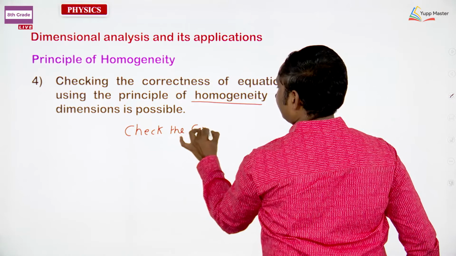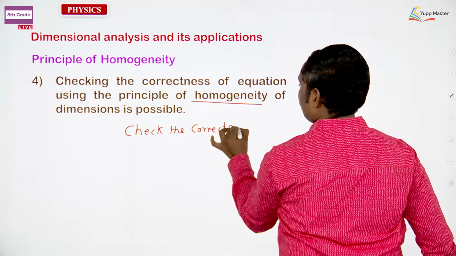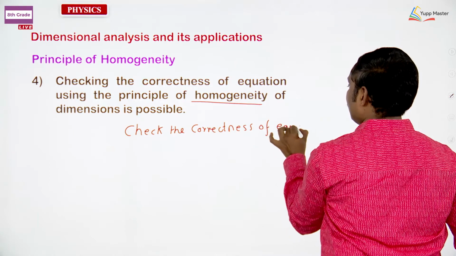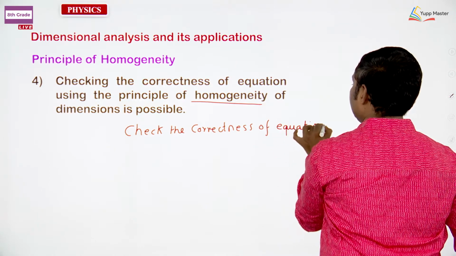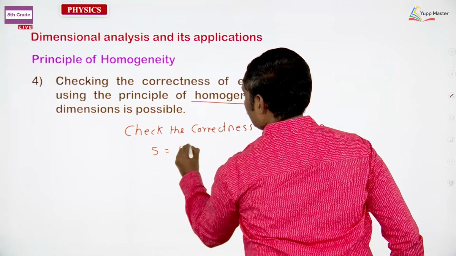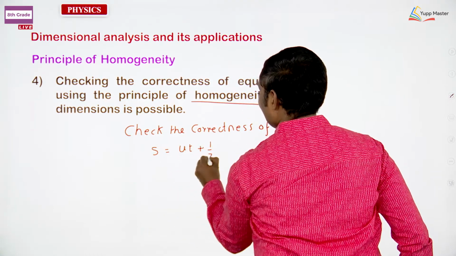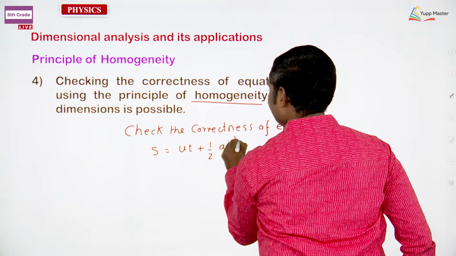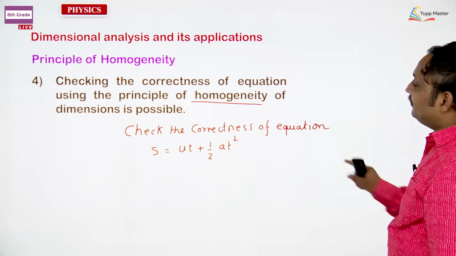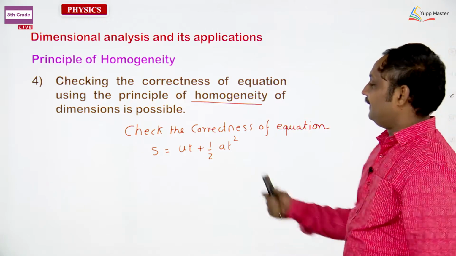Check the correctness of the equation S is equal to ut plus half at square. You can take that one equation. What is S?